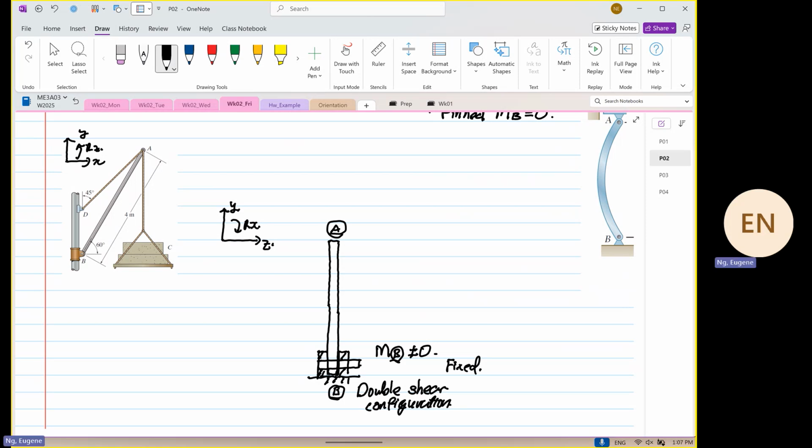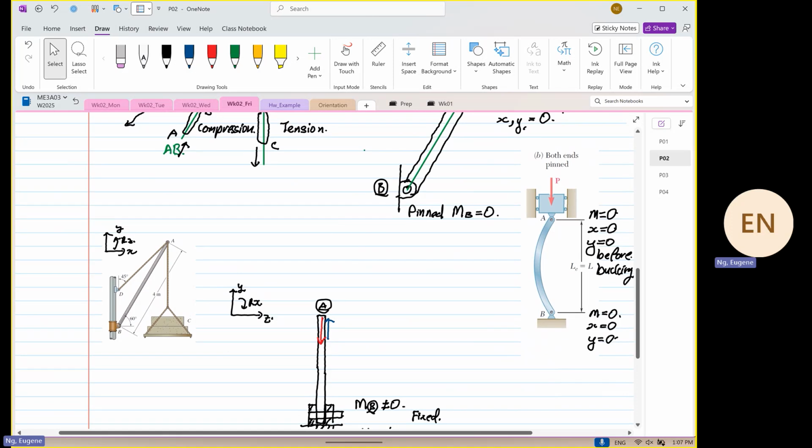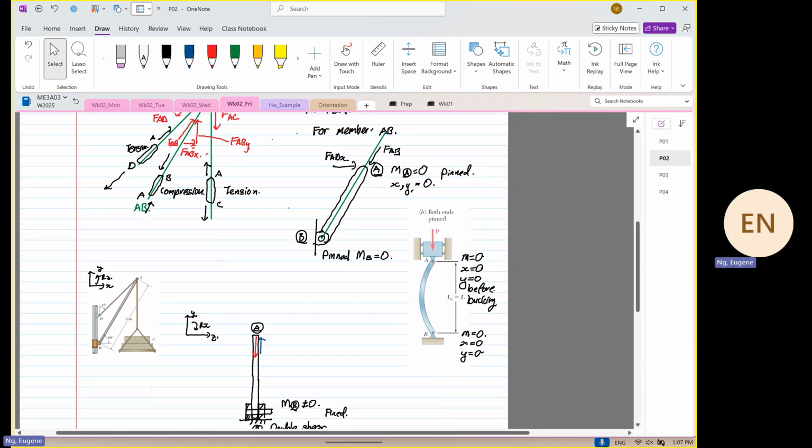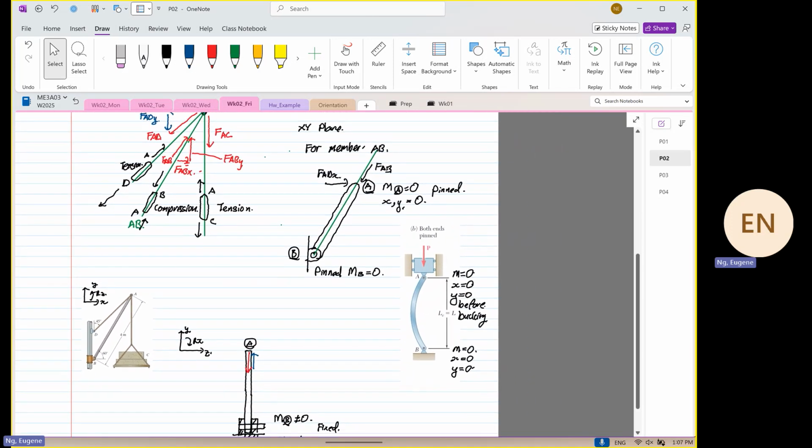I'm going to draw A. What are the forces? A, it can be either coming down or it can either be going what? Up. Okay. So what is acting on A? Is going to be your what?